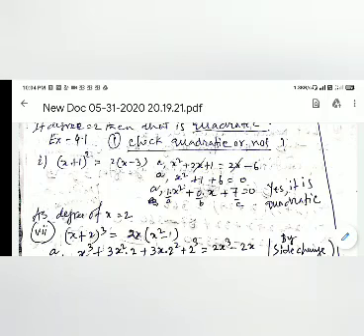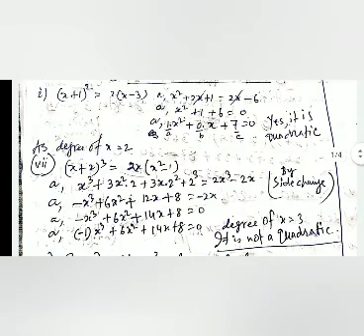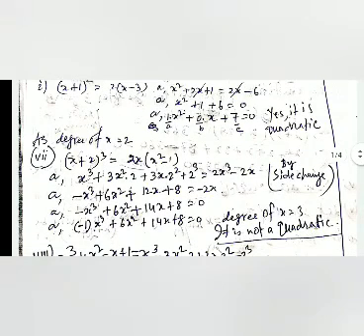So we are getting the standard form ax square plus bx plus c equal to 0, and x का जो डिग्री है यहाँ पे 2 है, so it is a quadratic. Now come to 7. x plus 2 whole cube equal to 2x into x square minus 1.